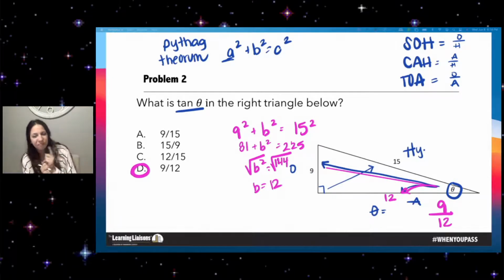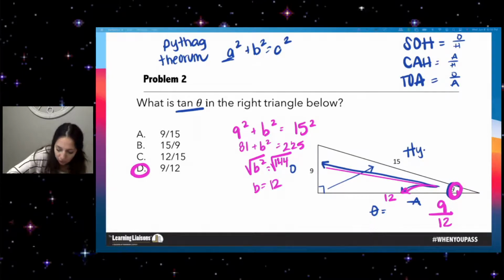Now, I wanted to show you that process because not always will you be able to use your answer choices to help you. However, in this case, answer choices are super helpful. They did not give us 12, but we know that tangent of theta equals opposite, which is 9, over adjacent.